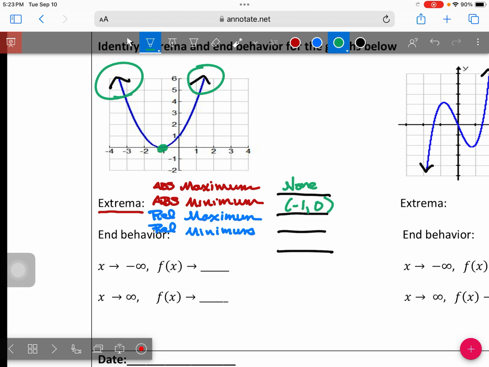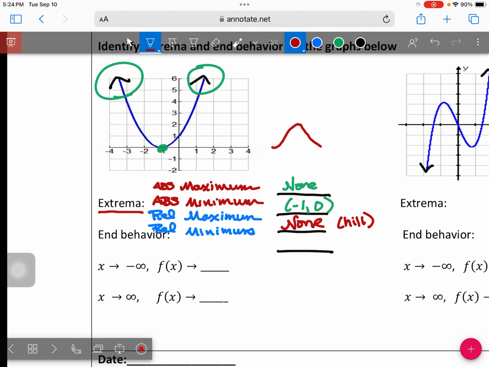Then I'm looking for a relative maximum. That's going to be my hill. I look at this graph, and I do not see any hills, any areas that go from an increasing position to a decreasing one, so I'm going to say none.